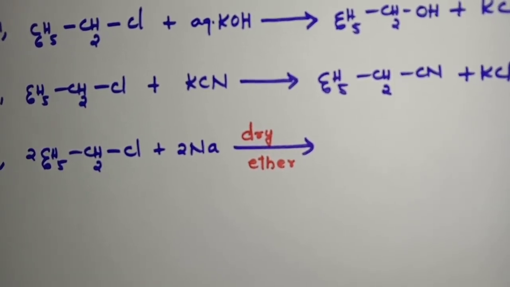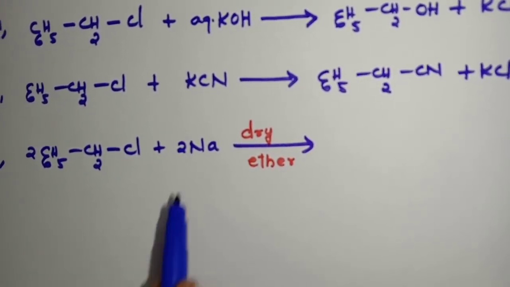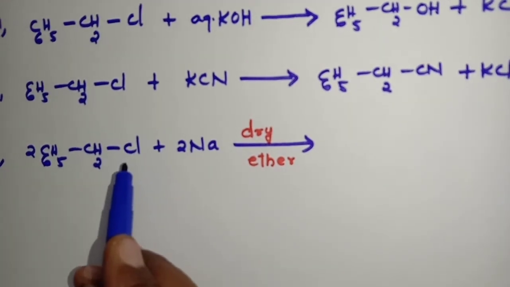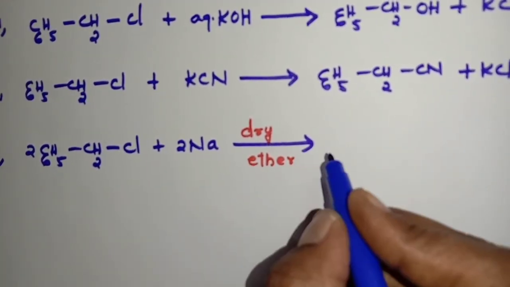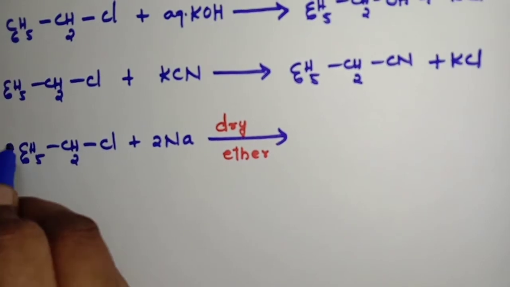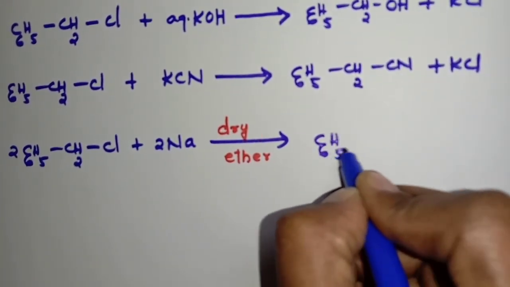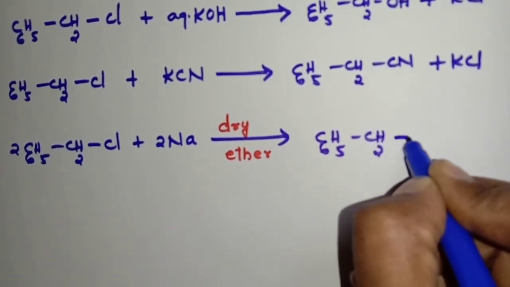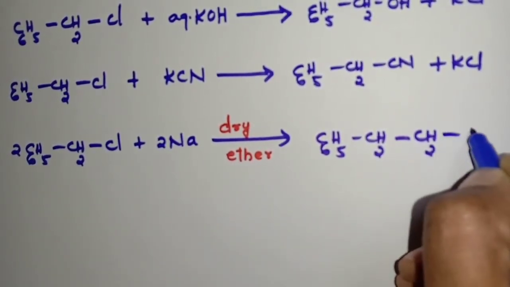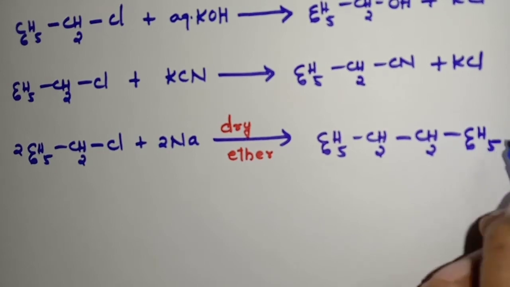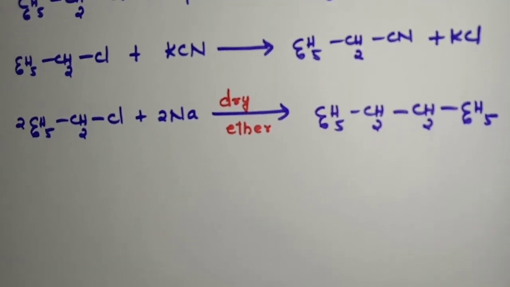What comes out? 2Na and 2 Cls will come out as minus 2 NaCl. So what remains? 2 benzyl groups. So this is C6H5CH2CH2C6H5. This is dibenzyl.